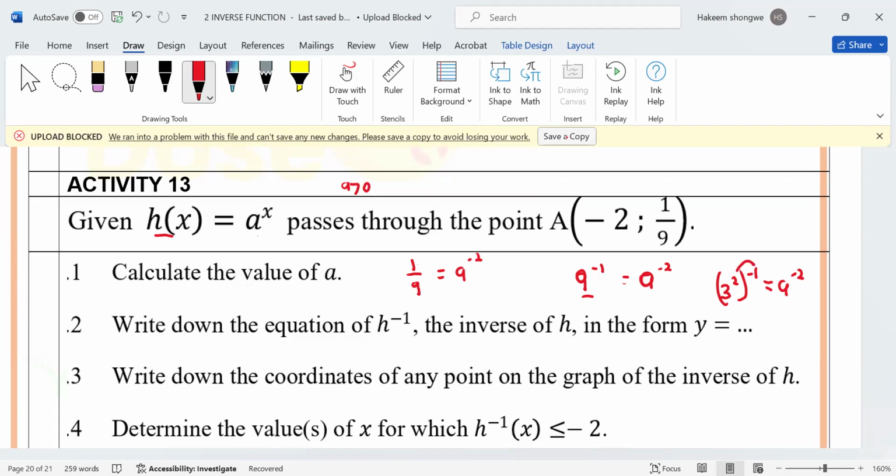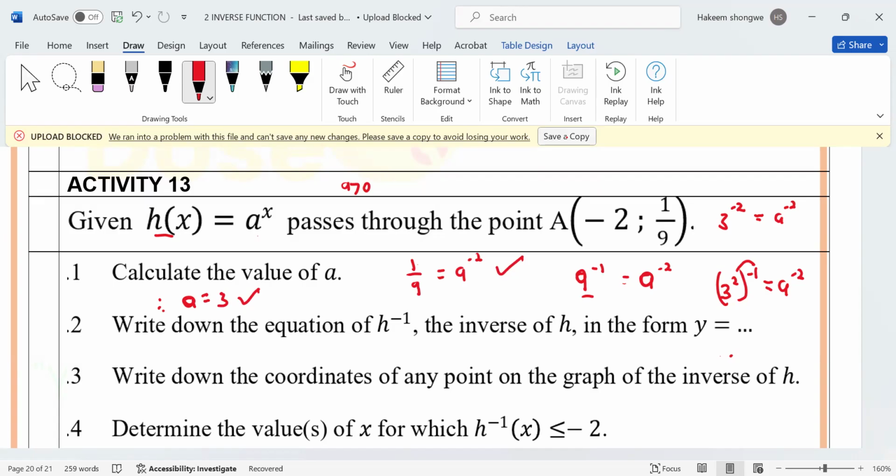So you have 3 to the power minus 2, which is going to be equal to a to the power minus 2. If the exponents are equal, it means that the bases are also going to be equal. Therefore, our a is going to be equal to 3.